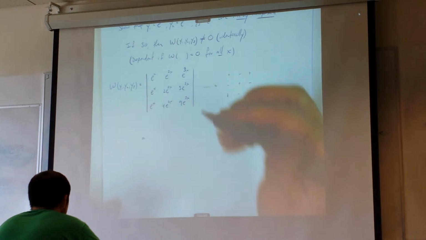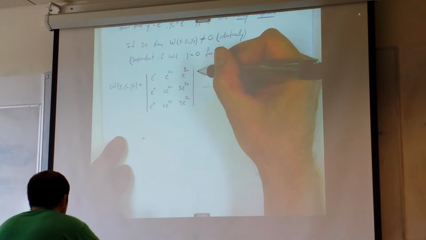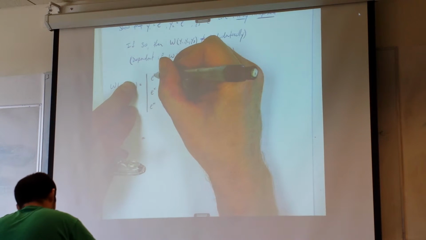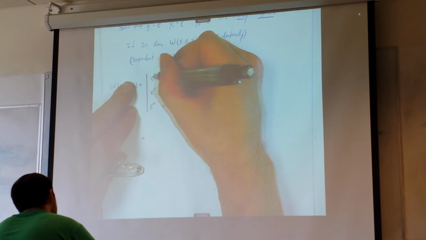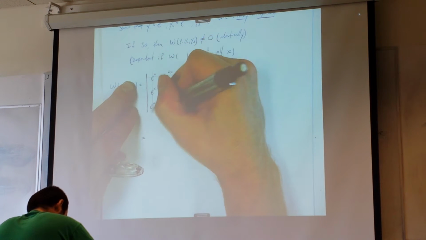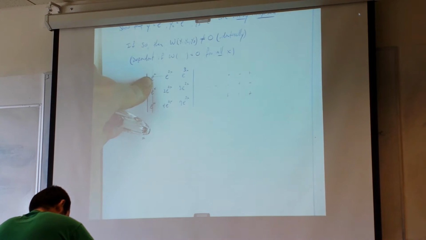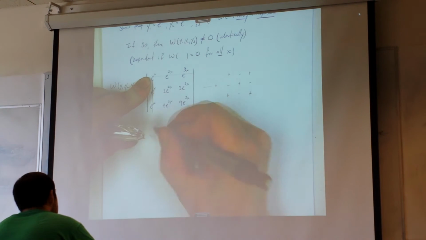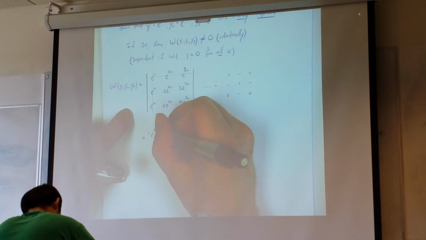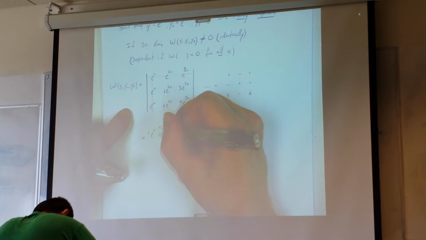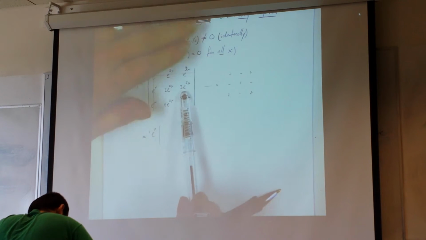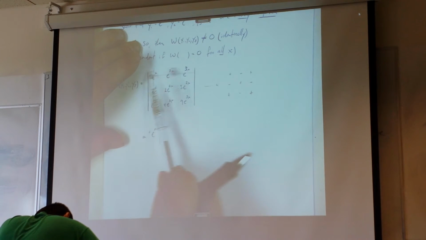So I'm going to expand it just along the first row. When I expand along the first row, I'm going to start with e to the x. I'm going to cancel lightly, use pencil, cross out the first column and row that involves e to the x, and it's a plus, so I'm going to keep that in mind. I'm going to have e to the x times the Wronskian of the 2x2, what's left when you cancel out the first row and column.